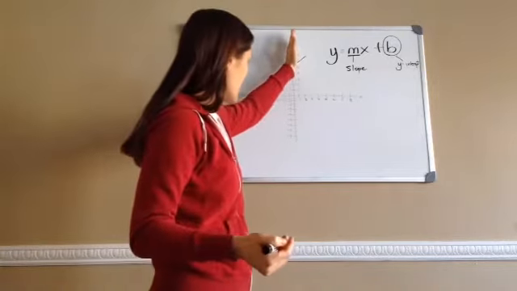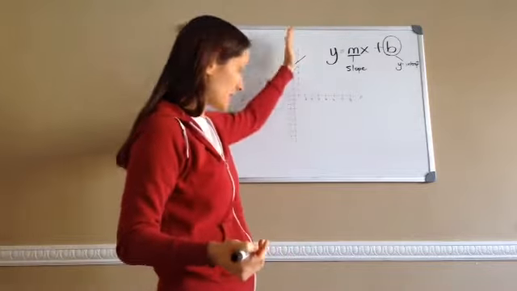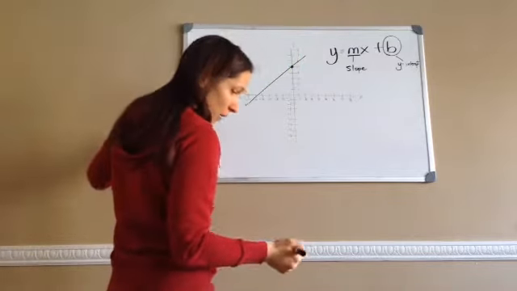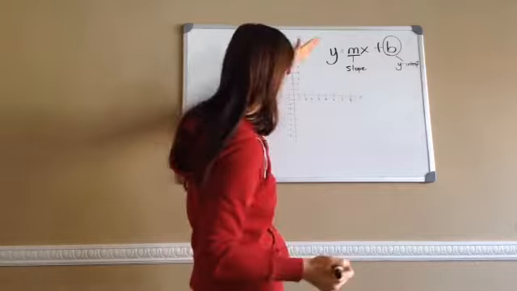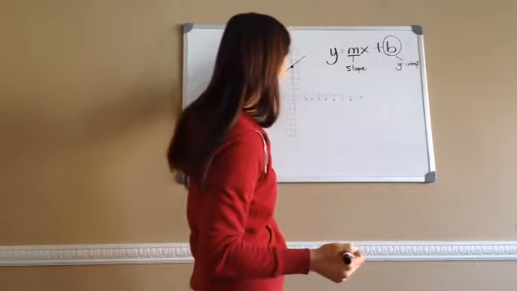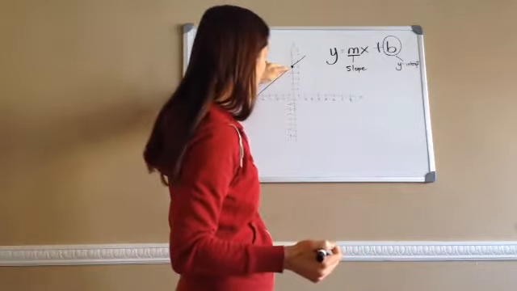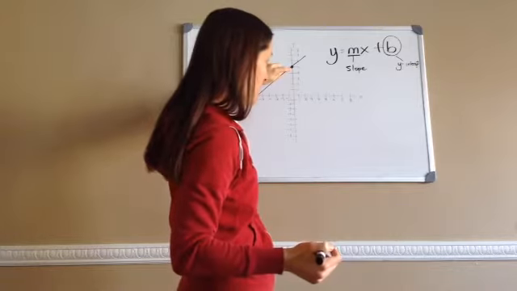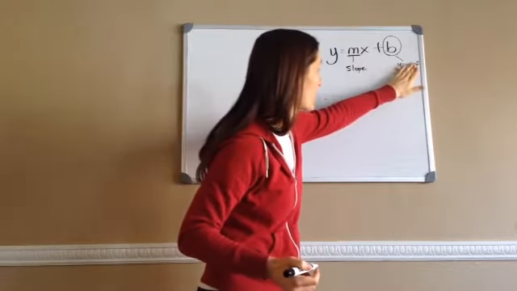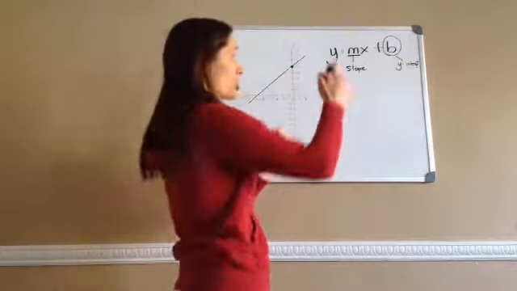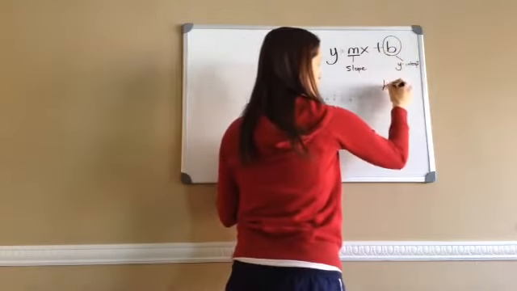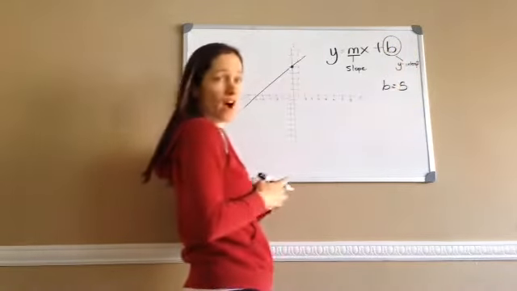As you can see, this is my y-axis. So, at what point did this line intersect the y? It intersected at 5. So the y-intercept is 5. So your B answer is 5.